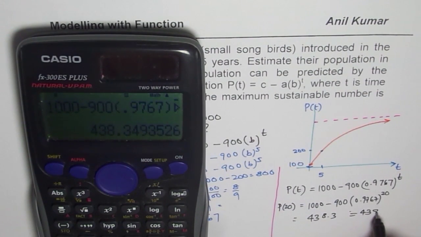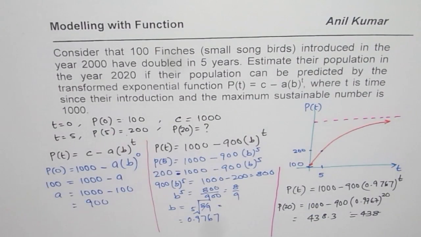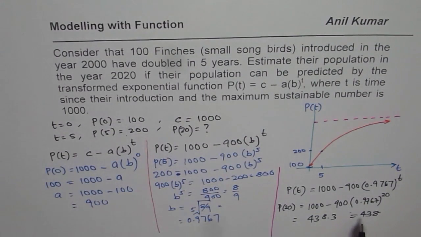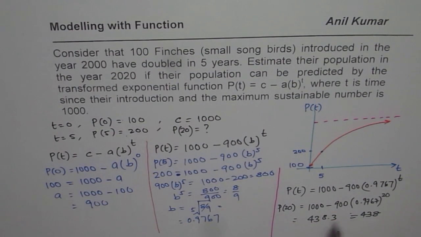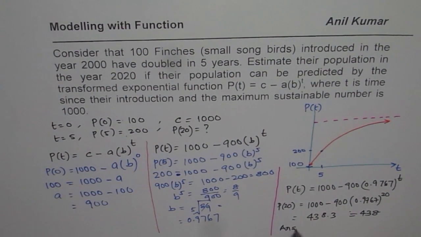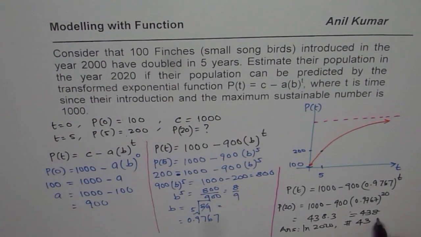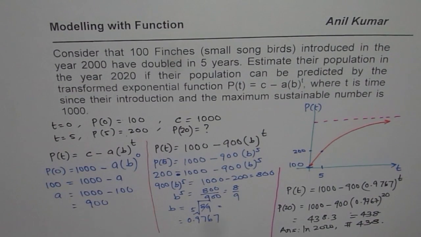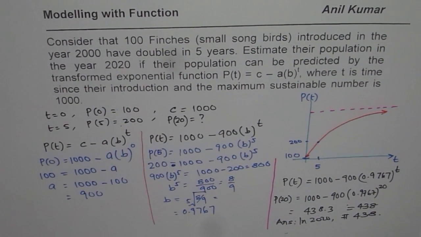So 438 is the number of finches you can expect once this model is followed in 2020. Our answer is that in 2020 their number will be 438. That is how the question can be solved. I hope you appreciate it. Thank you and all the best.